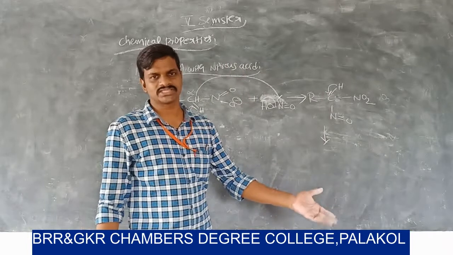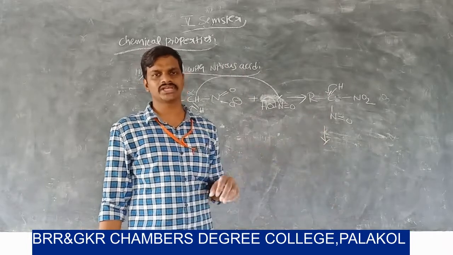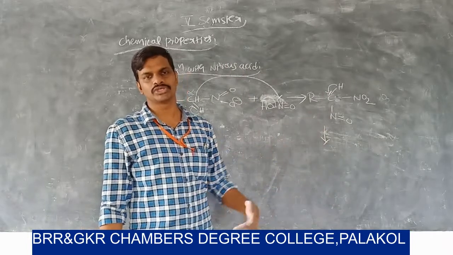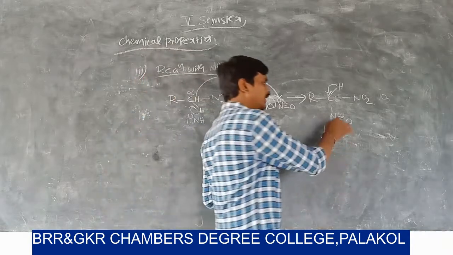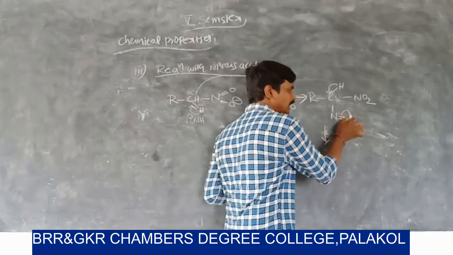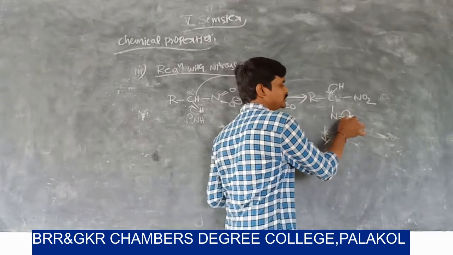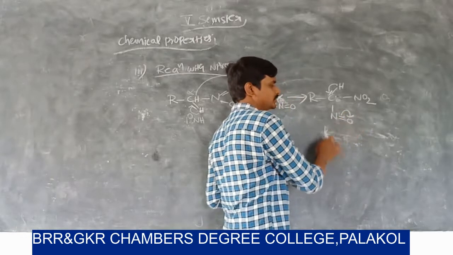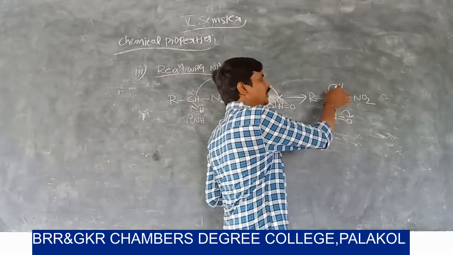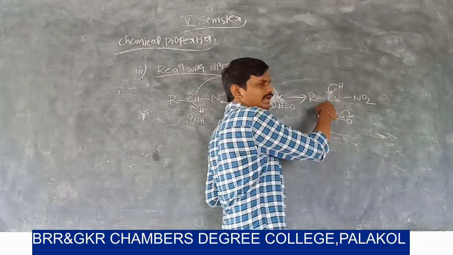In the last session we discussed tautomerization. What is meant by tautomerization? Migration of a proton from one position to another position. Here we have an electron withdrawing group, N double bonded O. The double bond migrates towards the oxygen atom, oxygen carries a negative charge and nitrogen gets a positive charge. Now H plus migrates from the carbon atom and carbon gets a negative charge.